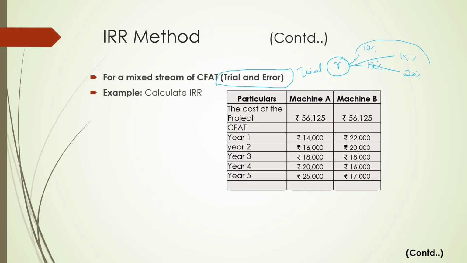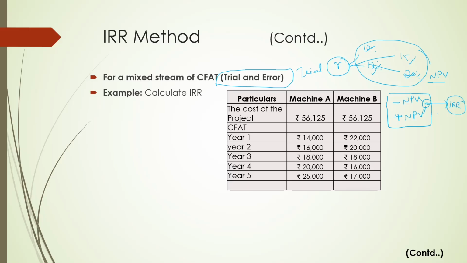Like this, we trial to calculate NPV till we get one negative NPV and one positive NPV. Till then, we keep substituting these discount rates. Then we approach minus NPV and plus NPV. So between the two rates you have taken, we are going to get our IRR.